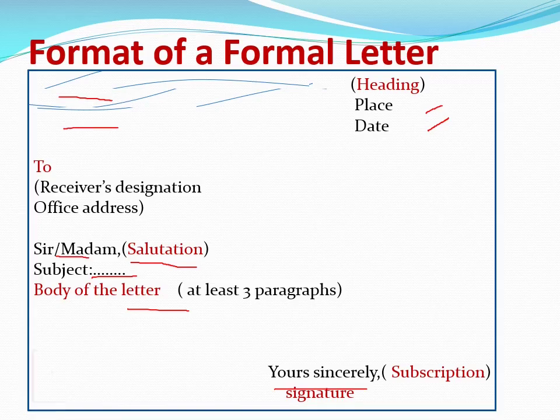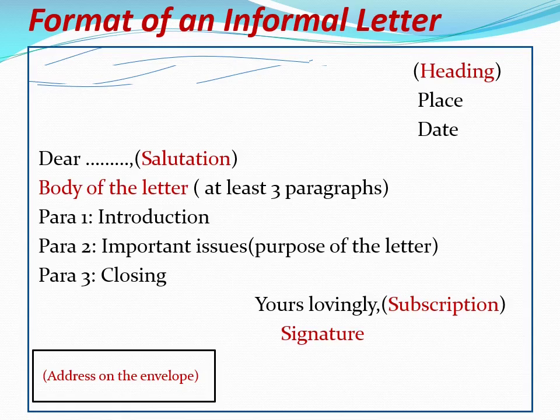Then the format of an informal letter. Here also we can write all these things in this way, where on the right side top is the heading, it means place and date, then salutation, then body of the letter, and finally subscription.